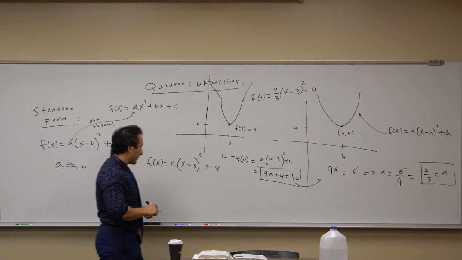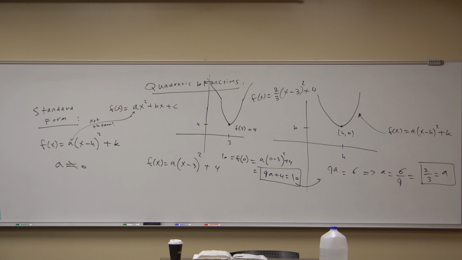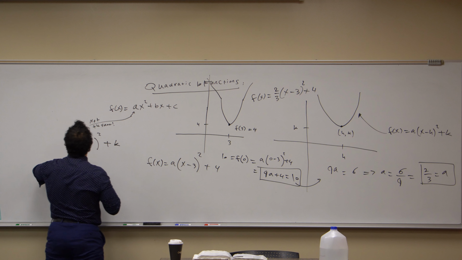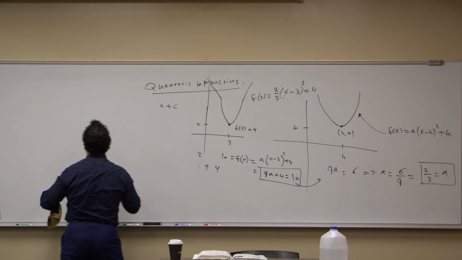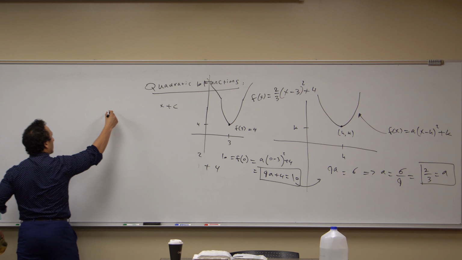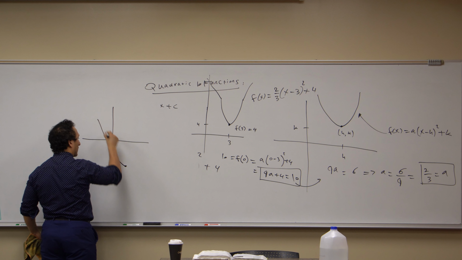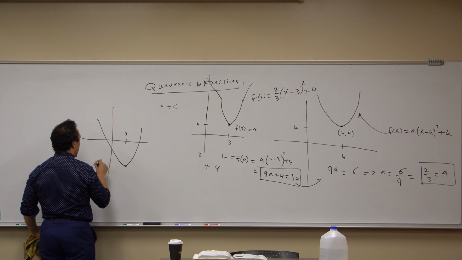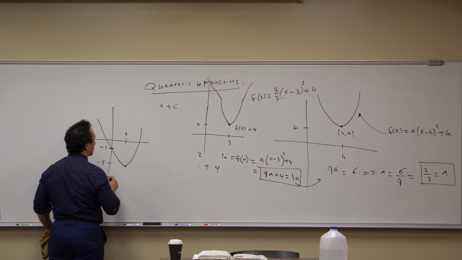Let's do one more example. Let's say we have a parabola and it looks like this. We know this is at 3, this is at negative 5, and right here it crosses this at negative 1, all right?